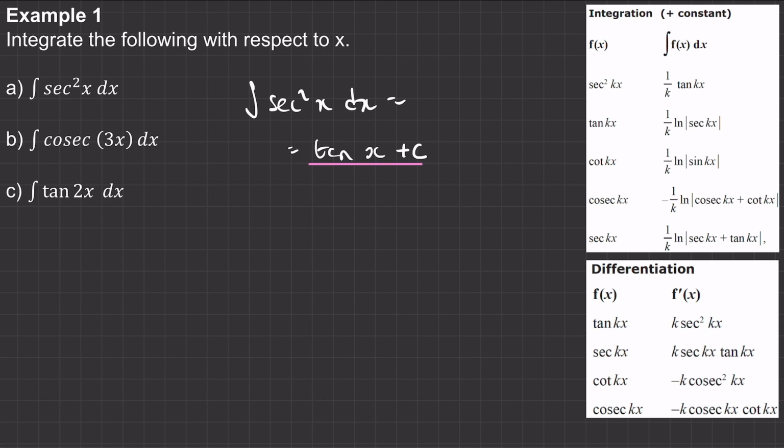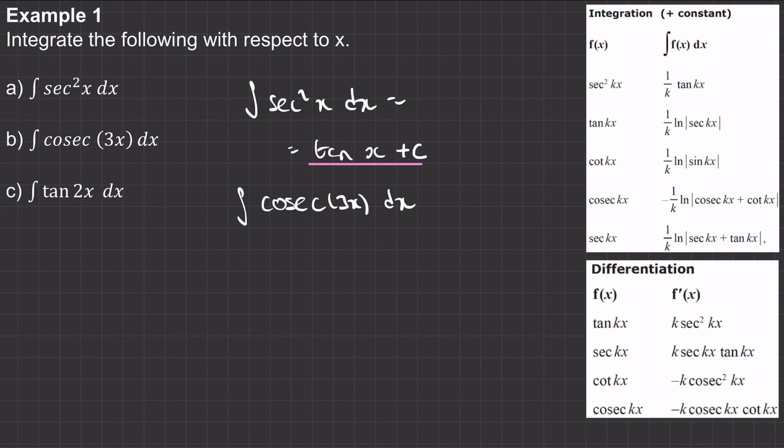So for question B, we have the integral of cosec 3x with respect to x. So now we're going to use this standard integral, where this will go from here to this function. And we can see that k in this case is equal to 3. So this k here is this 3 here.